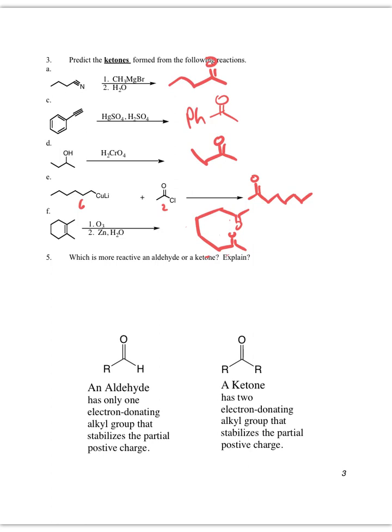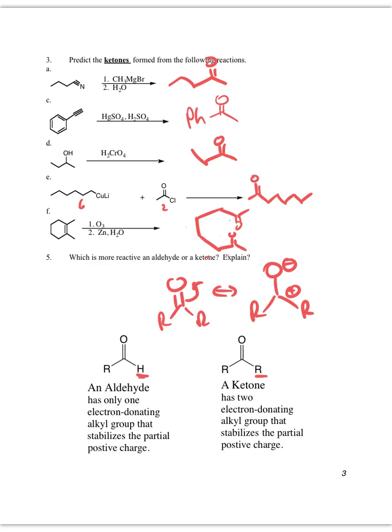So which is more reactive, a ketone or an aldehyde? The aldehyde is more reactive because if we draw a resonance structure for a generic carbonyl, the one resonance structure puts a positive charge on the carbon of the carbonyl. So what's going to stabilize the cation better? An R group of a ketone or an H of an aldehyde.